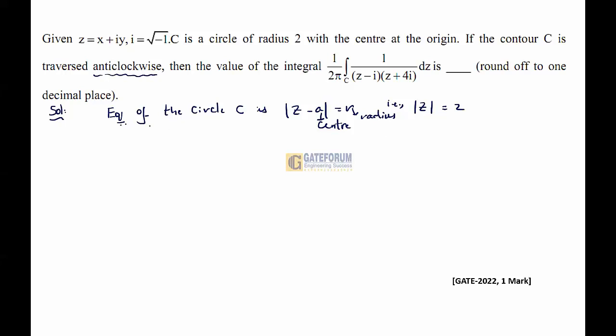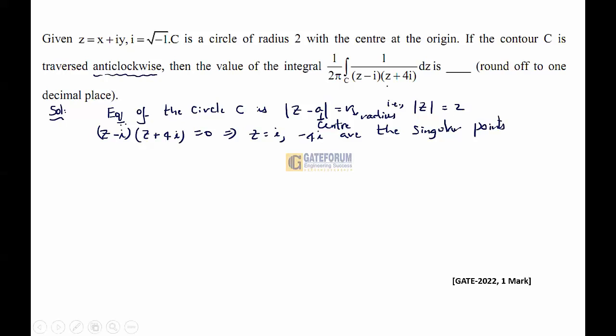Now, the singular points. Equating the denominator of the integrand to 0, (z minus i) into (z plus 4i) equal to 0, you will get z is equal to i, minus 4i. These are the singular points, or you can say simple poles, of the integrand 1 by (z minus i) into (z plus 4i).